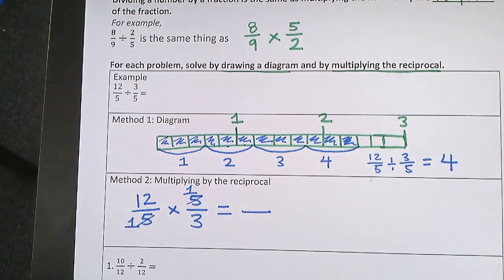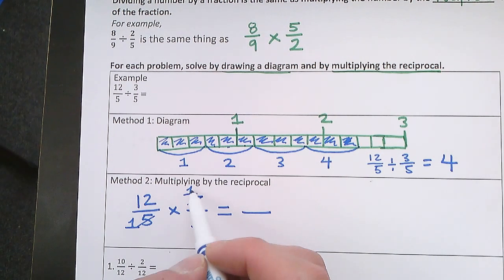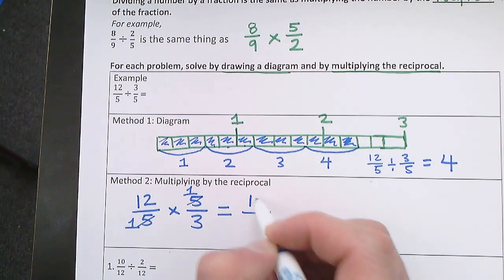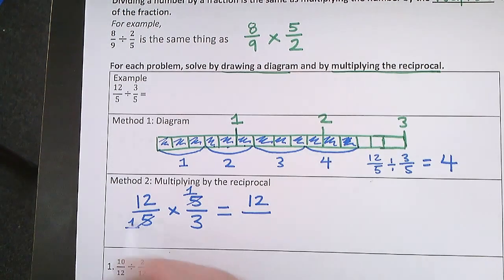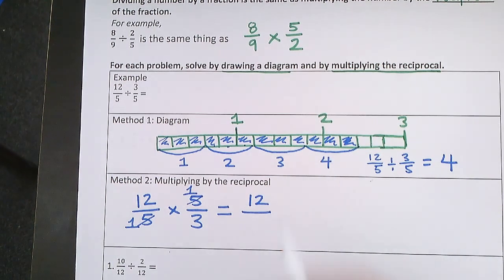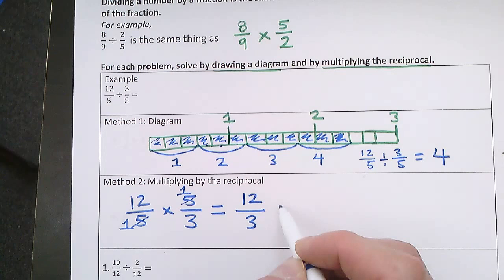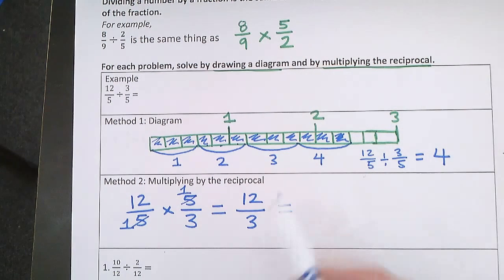Now this makes it a little bit easier. 12 times 1 is 12, and 1 times 3 is 3. So now I have 12 over 3, and I can convert this improper fraction into a mixed number. I think to myself, how many times can 3 go into 12?